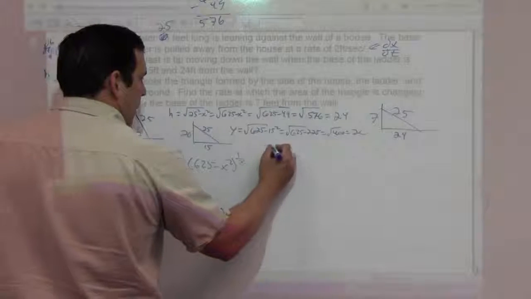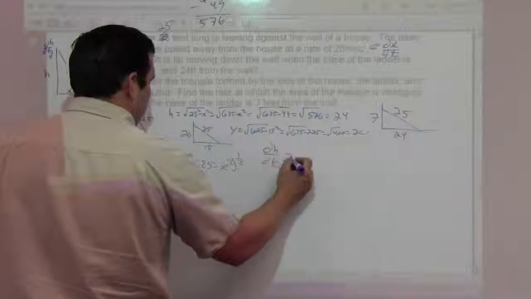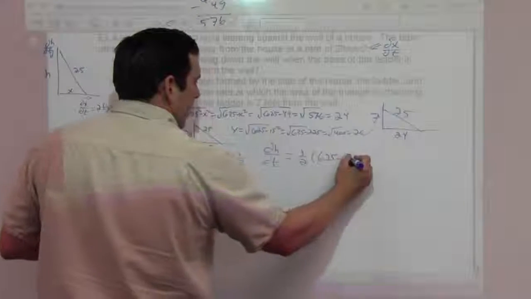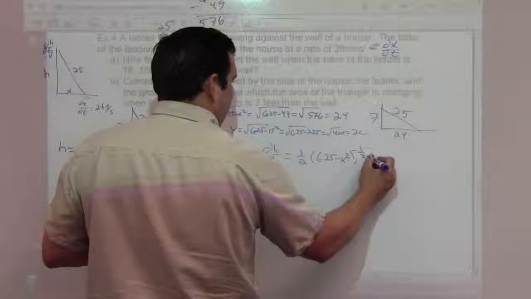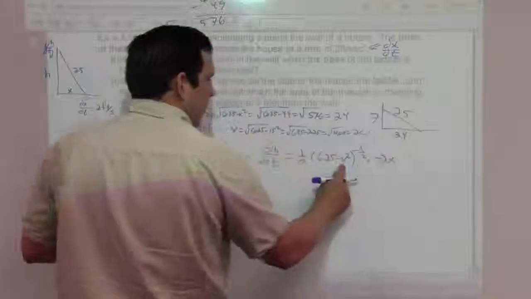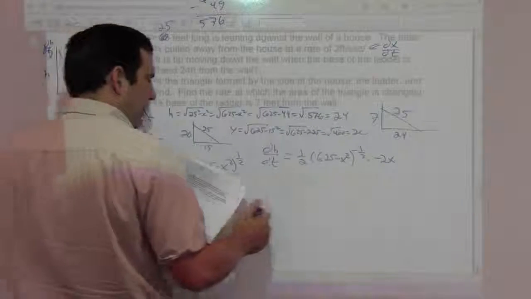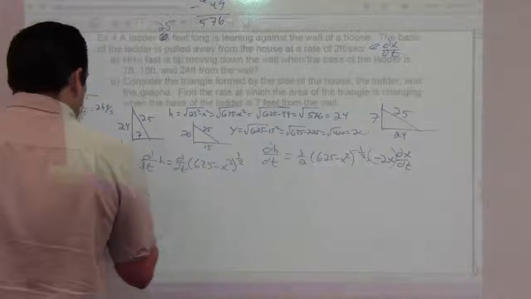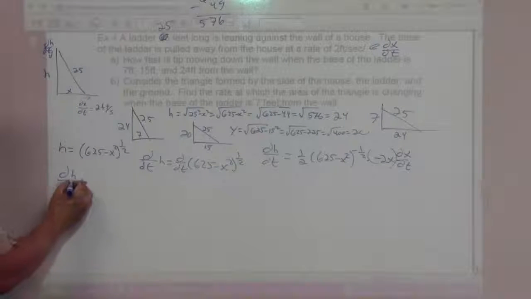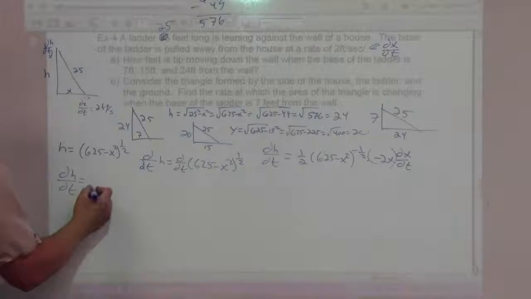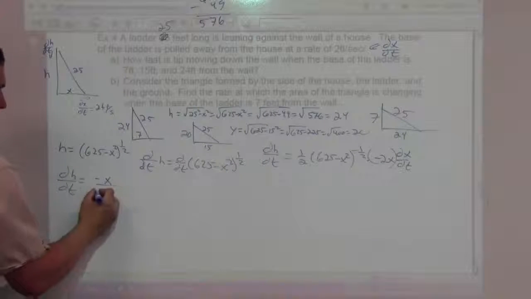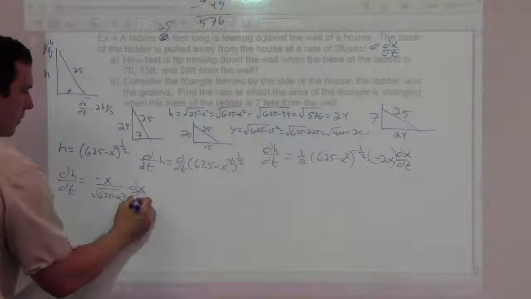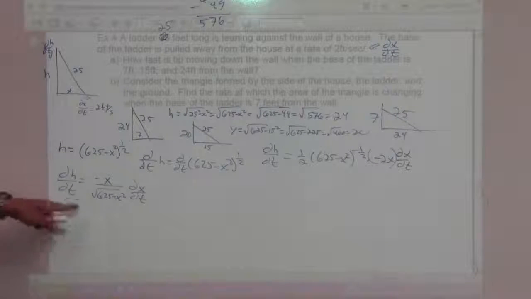And so our dh dt is going to be 1/2 times 625 minus x squared to the negative 1/2 times negative 2x, the derivative of what's inside, dx dt. So our dh dt is going to be negative x over the square root of 625 minus x squared times dx dt. There we go. Now we can get our three cases.